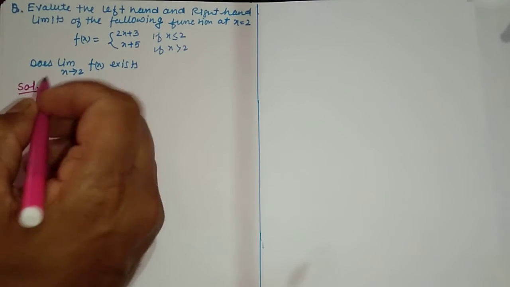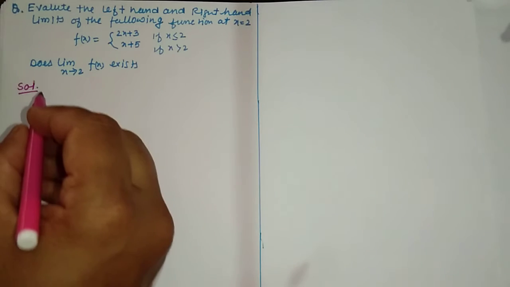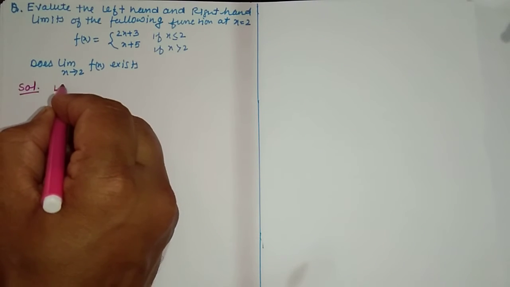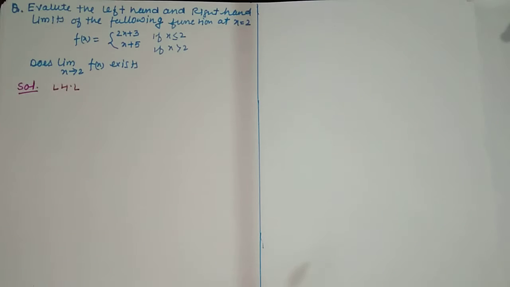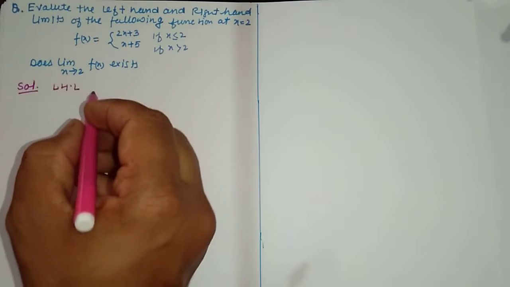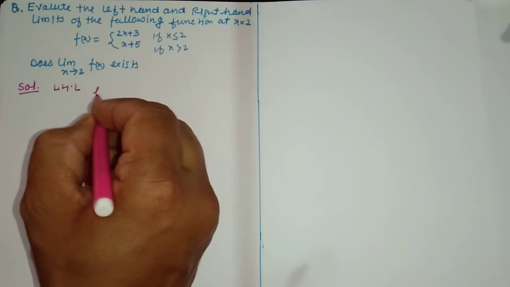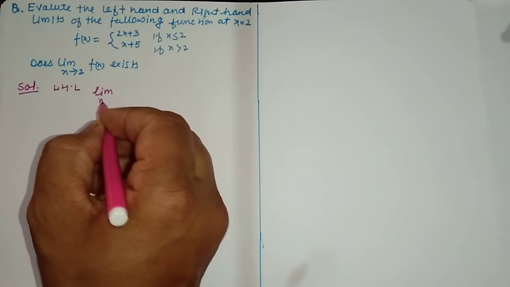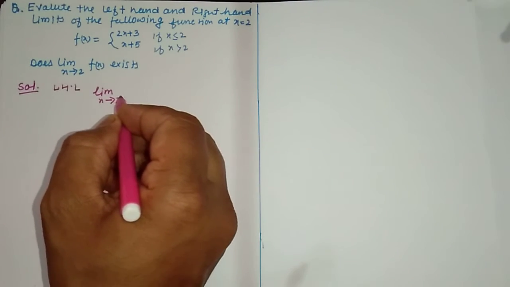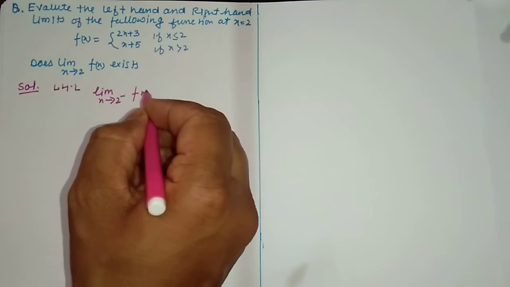First of all, we have to find the left hand limit, so we can write it as LHL, left hand limit. For that, limit x tends to 2 negative f(x).